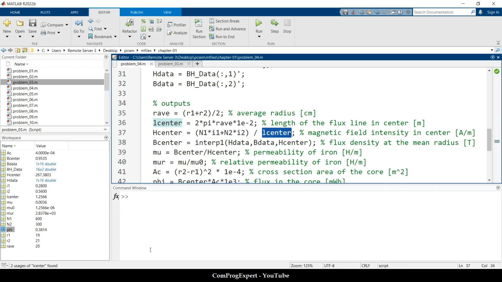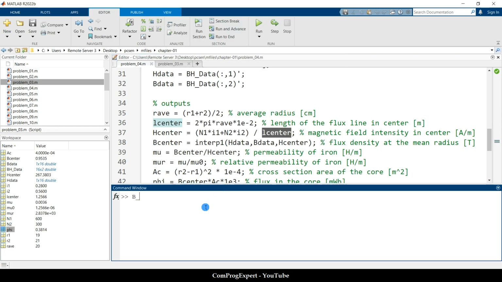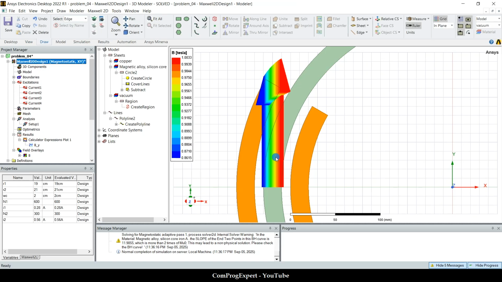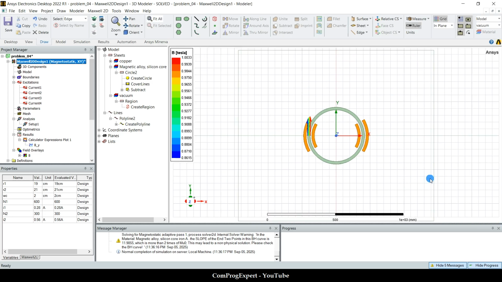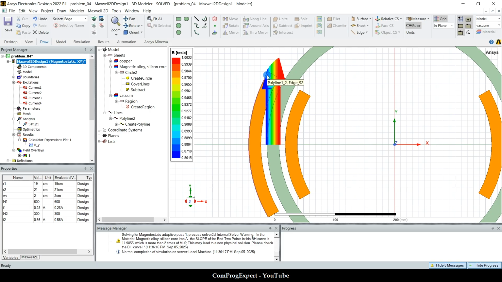So here, what is the value of the B that we interpolated? B center, 0.95, right? That is very close to this number, 0.949, that is 0.95 actually. So yes, we solved this problem using ANSYS Maxwell, and we know that the flux density is not constant along the radius.